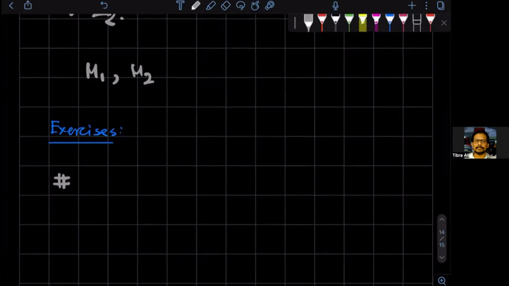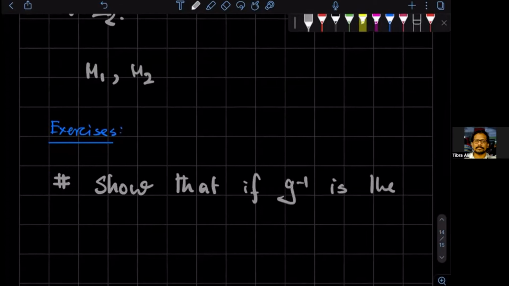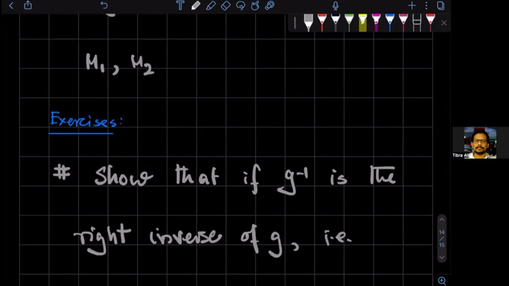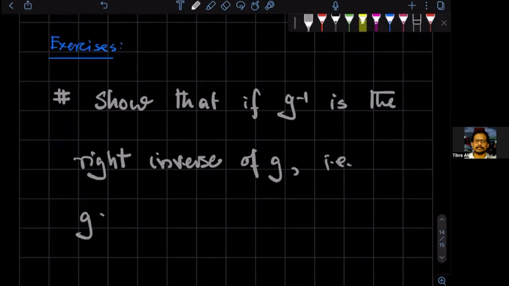Right. So, show that if G inverse is the right inverse of G, that is G G inverse is E, then it is also the left inverse.